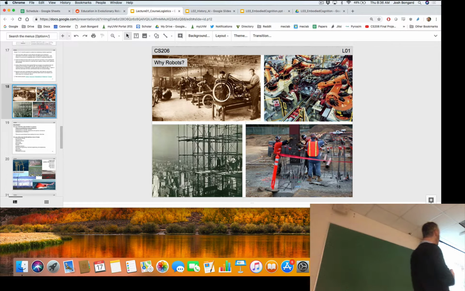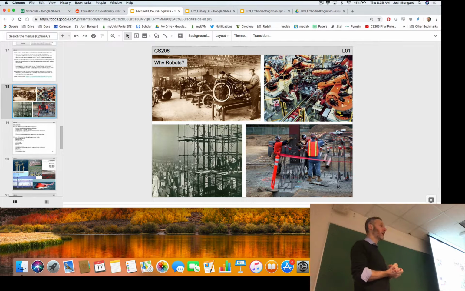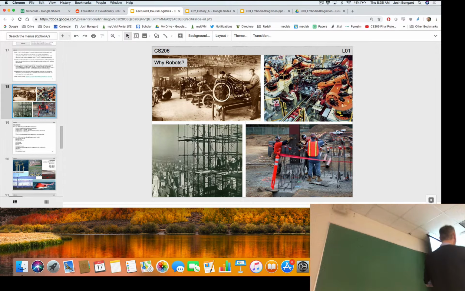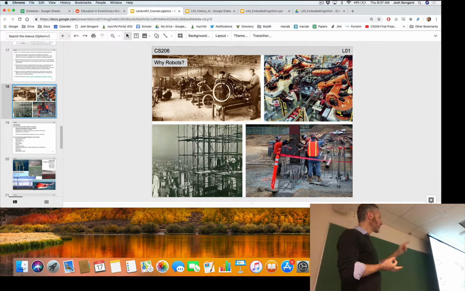We already have robots. So if you look at the top pair of images, industrial robots were introduced in the 70s and 80s, and they allow us to build things indoors faster, more cost-effectively, and at scale. The picture in the top left is from one of Henry Ford's very first factories. Right?